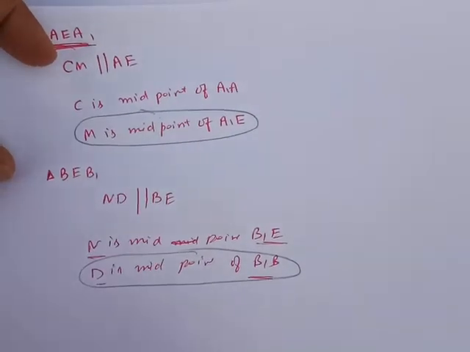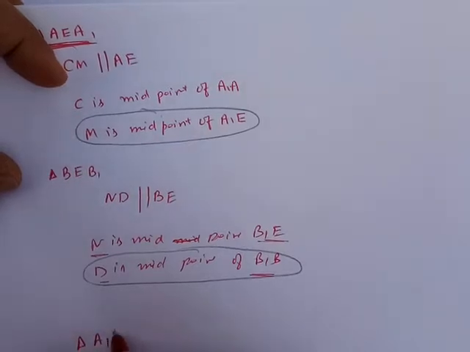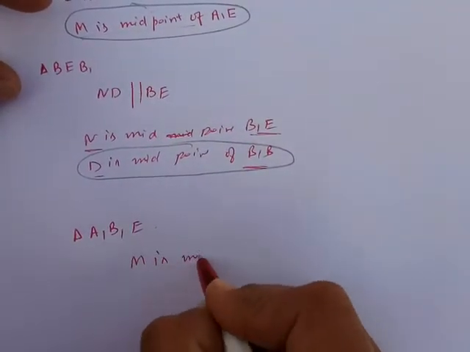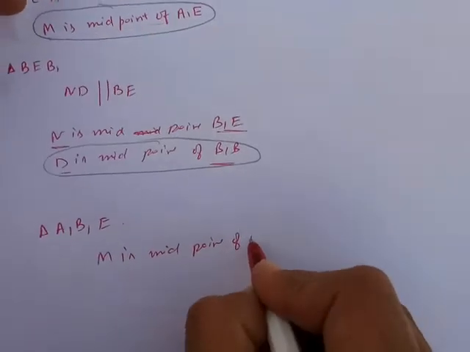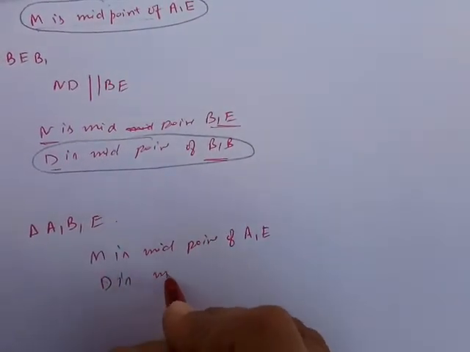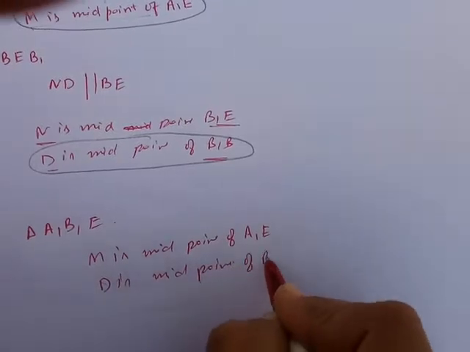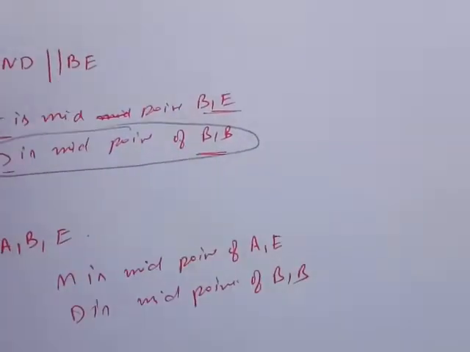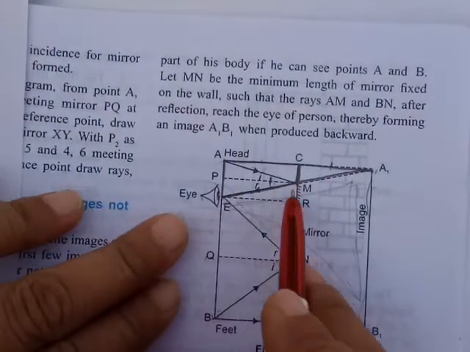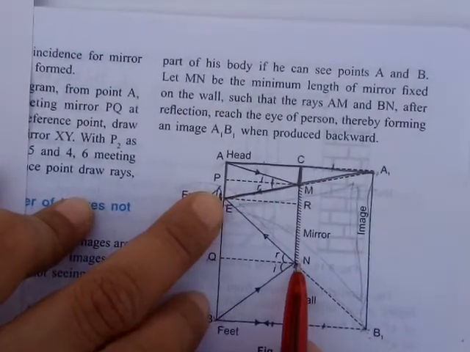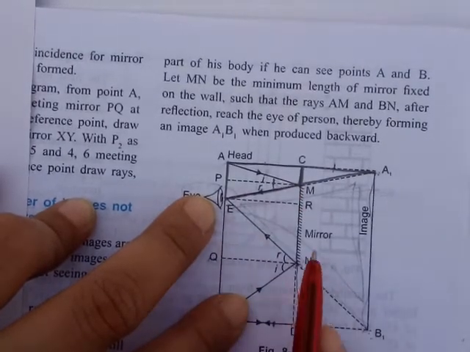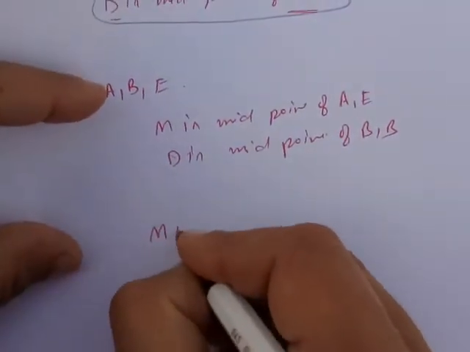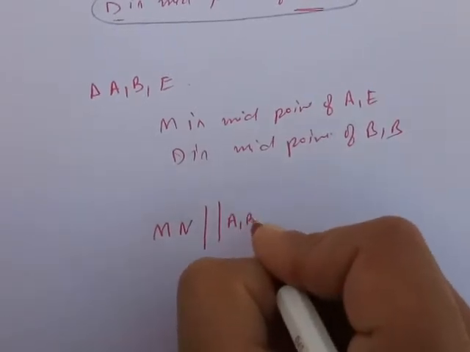So from these two points, MN is parallel to A1B1.